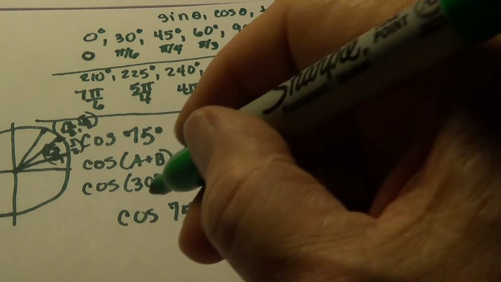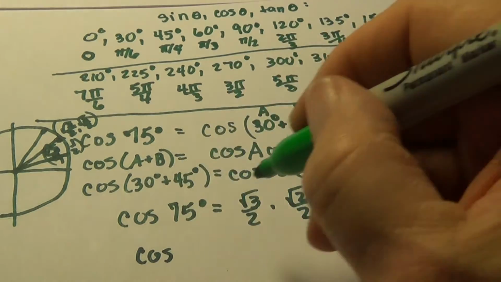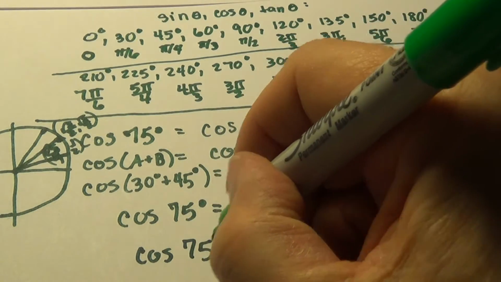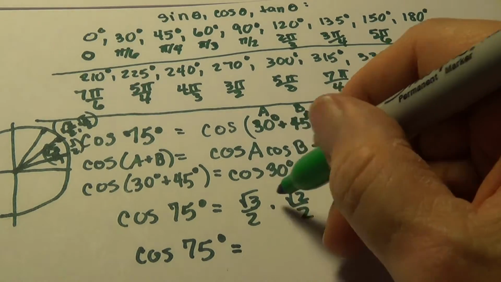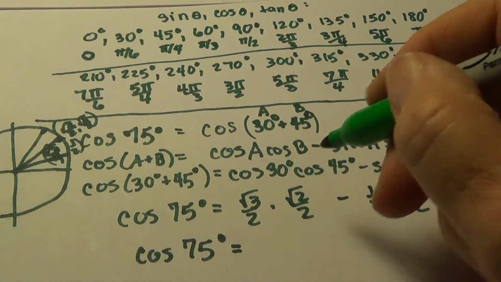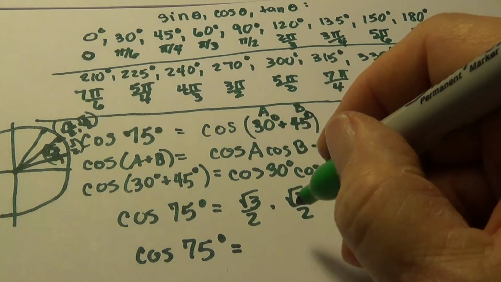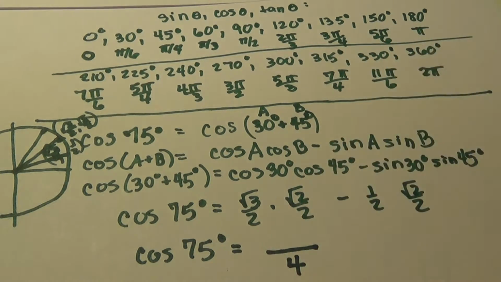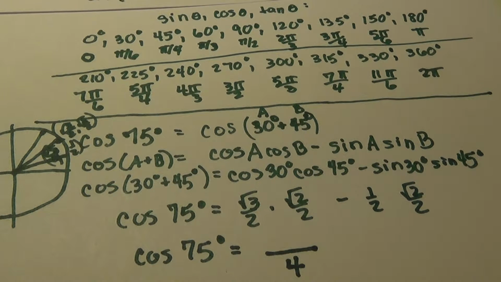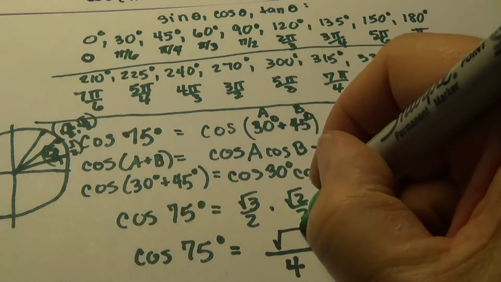All right, let's clean it up a little bit. Cosine of 75 equals, we're going to multiply the radicals, square root of 3 times square root of 2. That's a missing thing, so prove to me that you are well taught. The bottom times the bottom, I'll do. The top times the top is square root of 6.